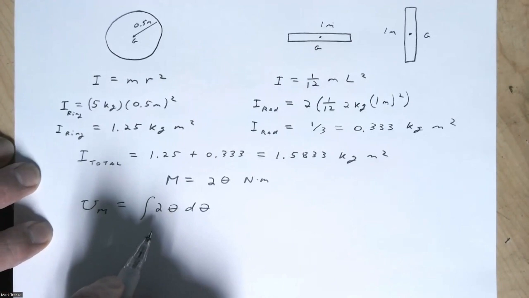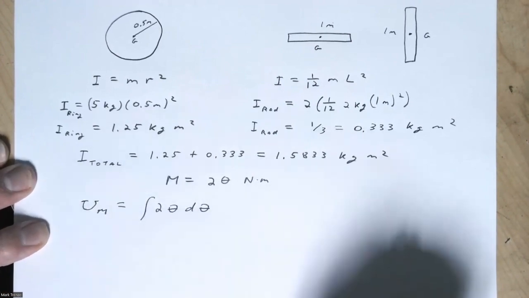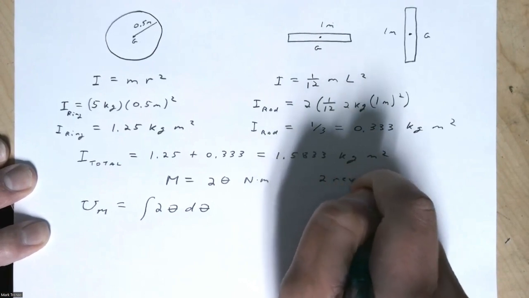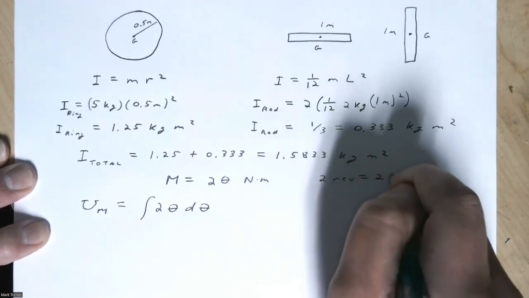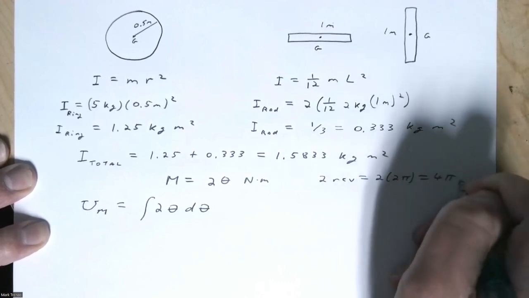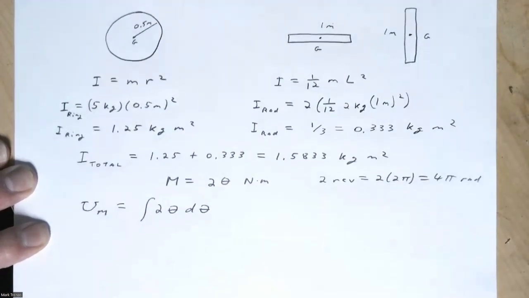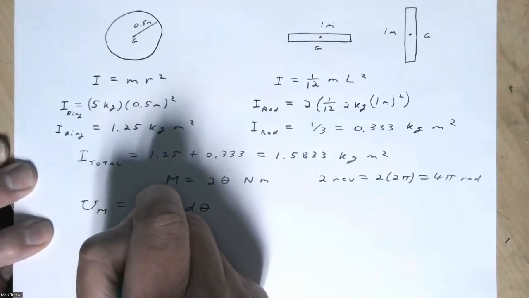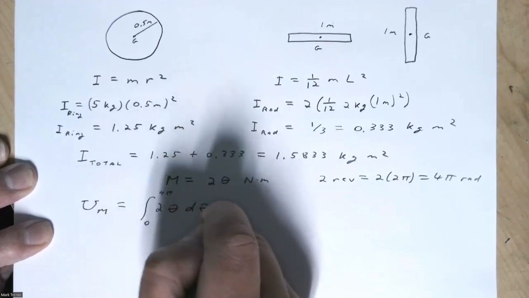And now we want to know what's going to happen after 2 revolutions. So remember, 2 revolutions would be 2 times 2 pi, so it's going to be 4 pi radians. So this is going to go from 0 to 4 pi.